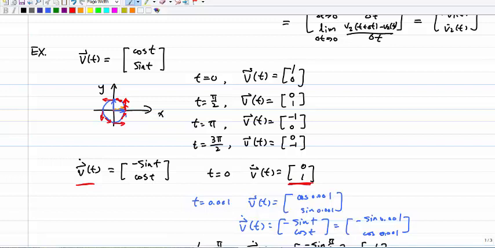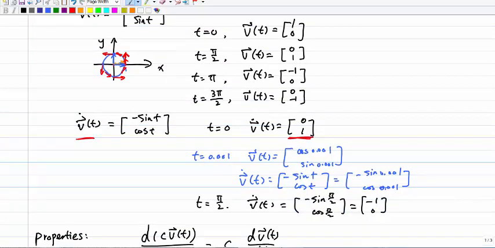You can also compute the same way when you're on top over here, when t is pi over 2. The actual vector is this. When you take the derivative when t is pi over 2, the change rate of this vector is moving to the left.